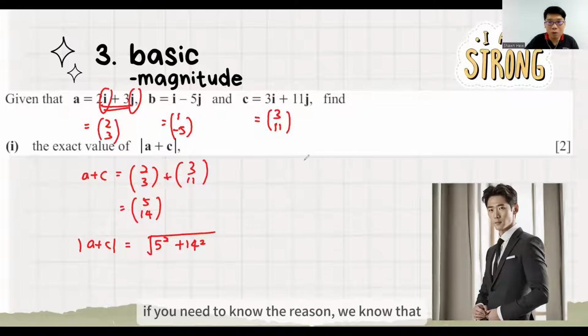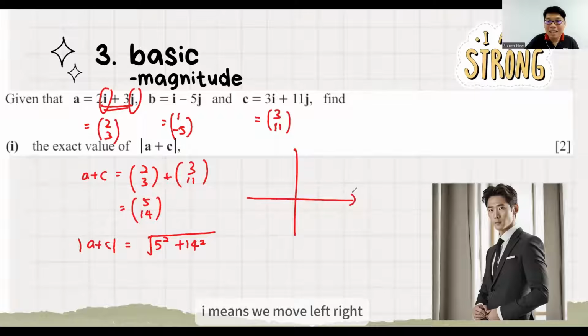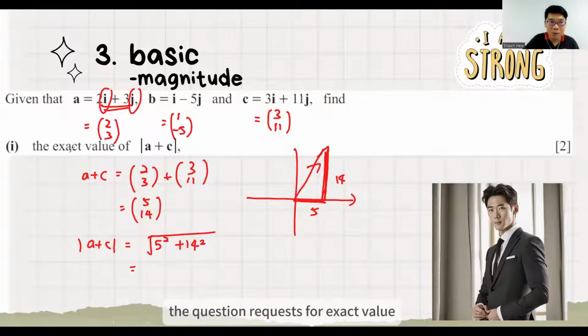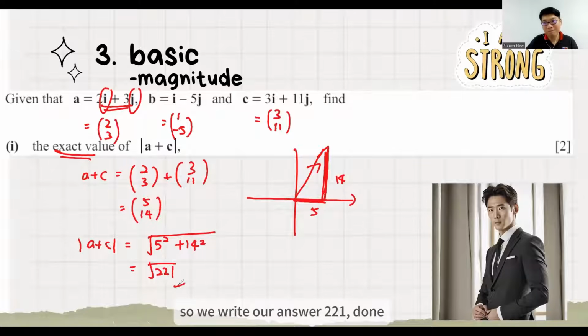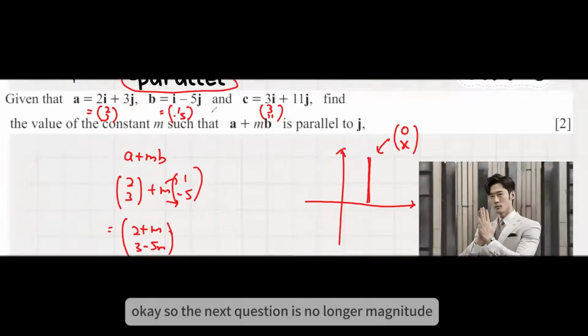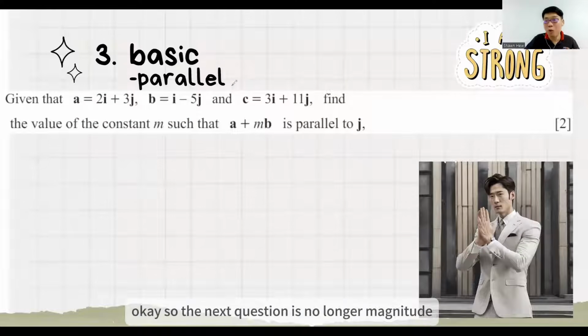If you need to know the reason, i means we move left, right. So positive i means go to the right by 5. Positive j means go up by 14. So this is my magnitude. The question requires an exact value, so we write our answer as the square root of 221. Done.